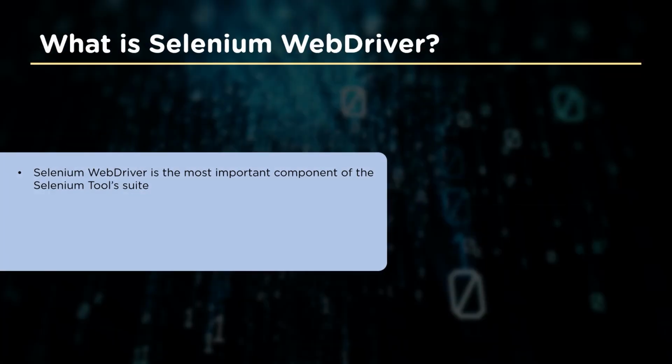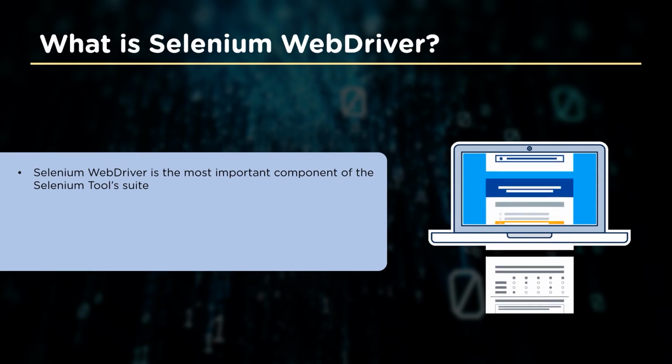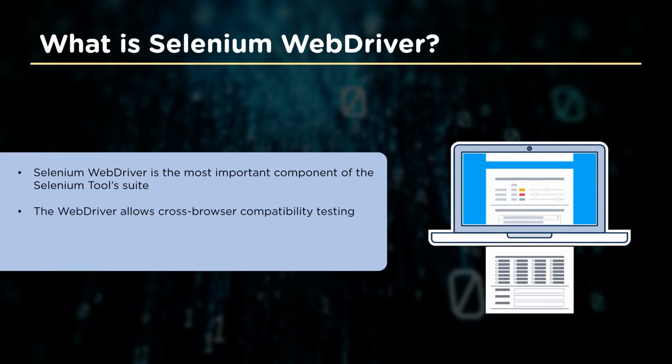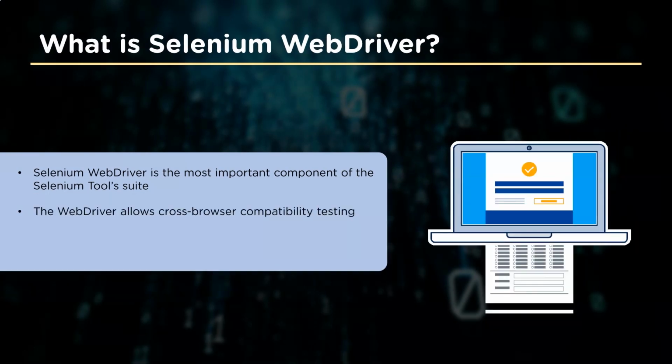When we talk about the Selenium WebDriver, it allows cross-browser compatibility, which means if you want to test your applications, you can have a test suite for the Chrome browser, one for Firefox, one for Internet Explorer. You can validate your application across all these 3 browsers.